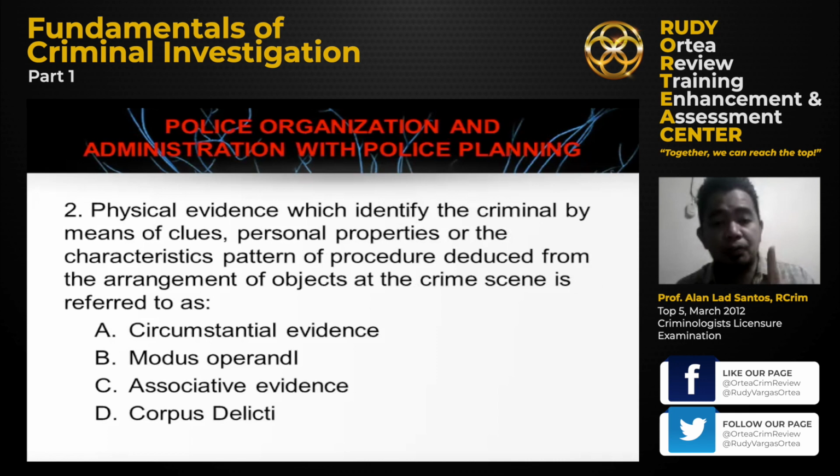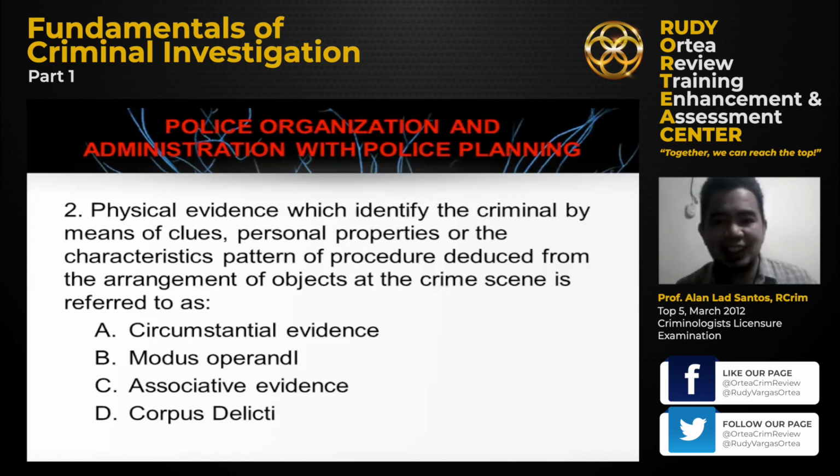The arrangement of objects at the crime scene is referred to as, what is the answer, guys? Please, remember, characteristic, pattern, personal properties, clues. Pattern of procedure deduced from the arrangement of the crime scene. So what is your answer?